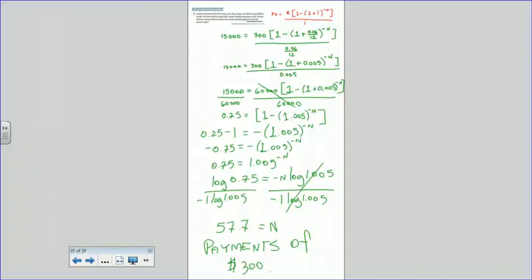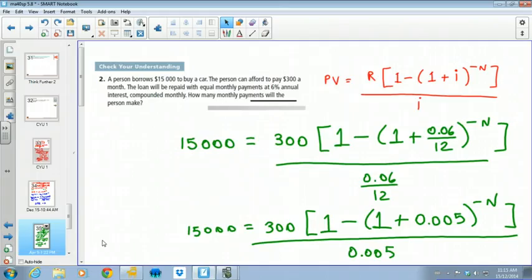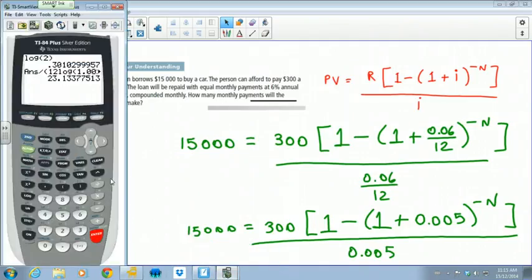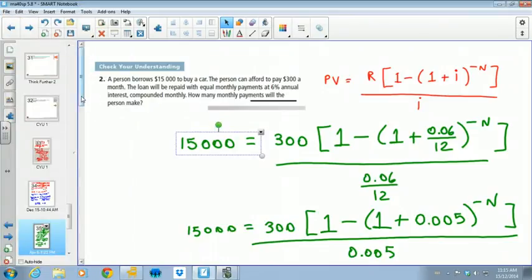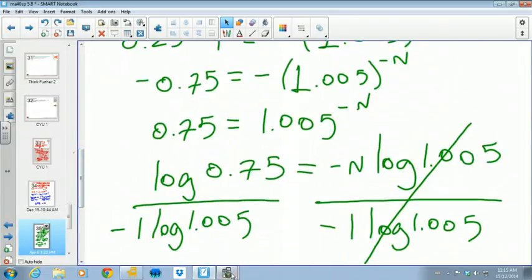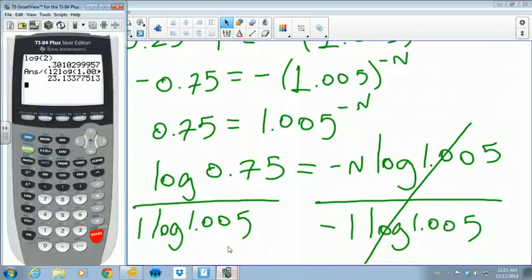How did you get rid of the negative? Can you show me that on a calculator? Eyes up here.